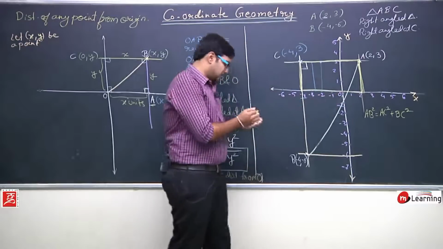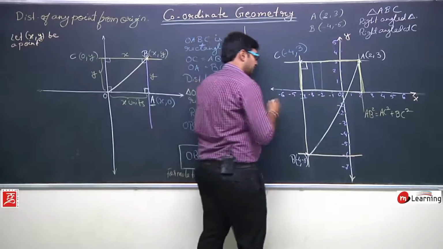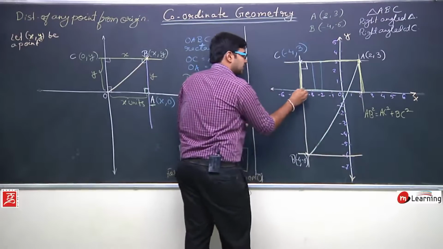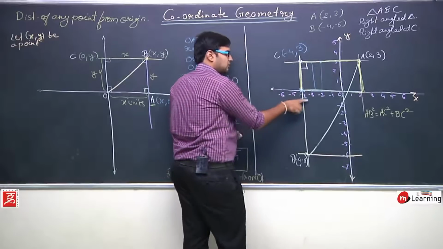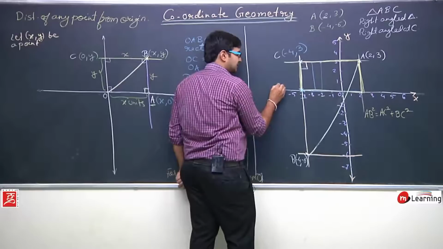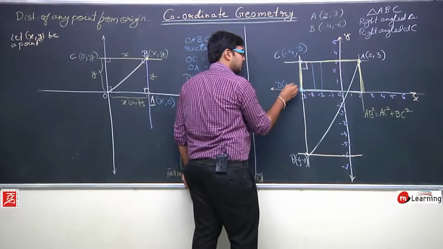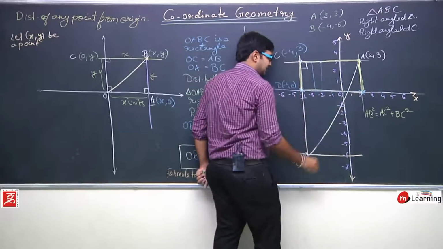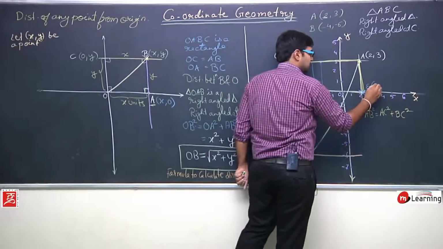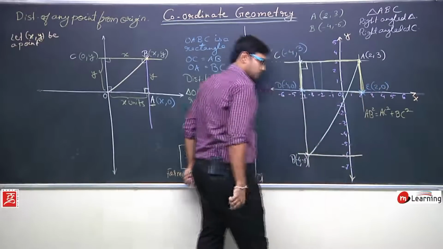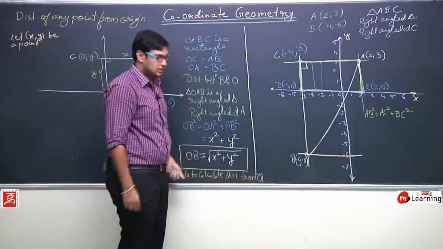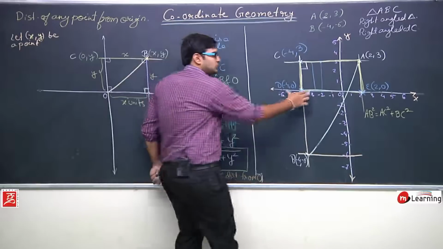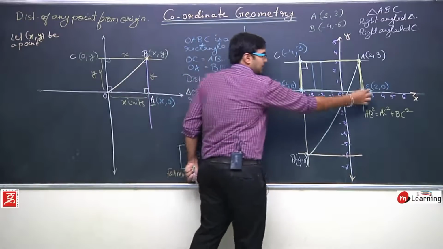Now what is the length of this part? Let us say this is point D and the coordinates are -4, 0. And let us say this is point E, with coordinates 2, 0. What is the distance between these two points, D and E?